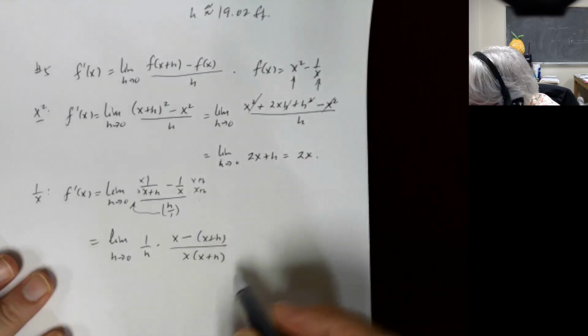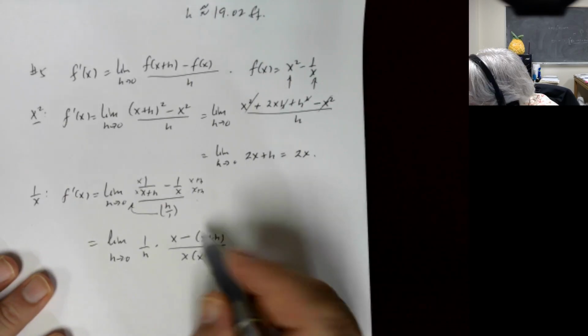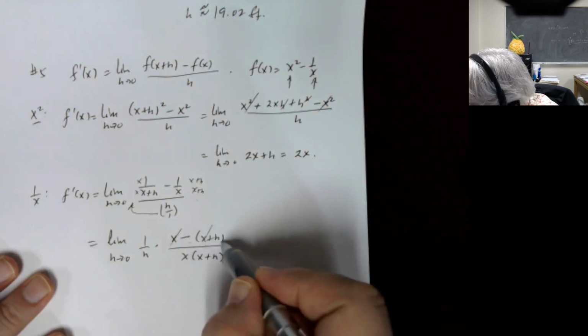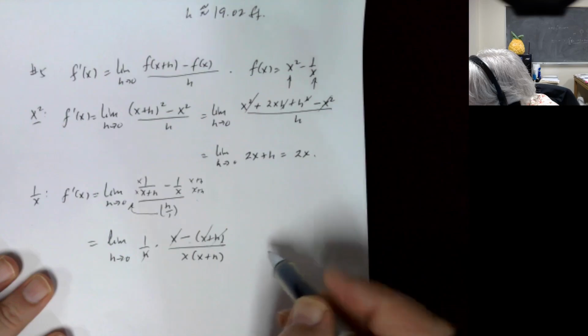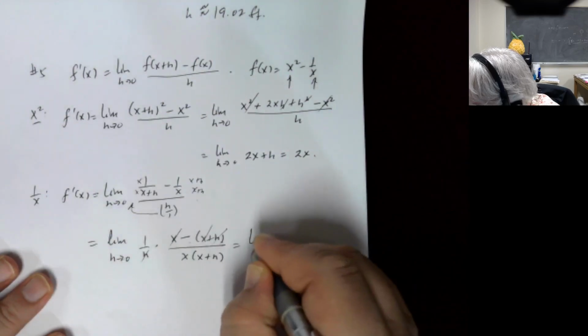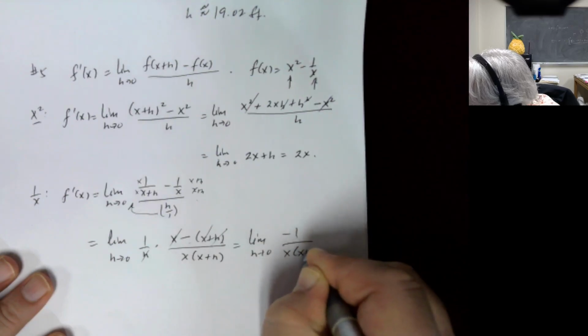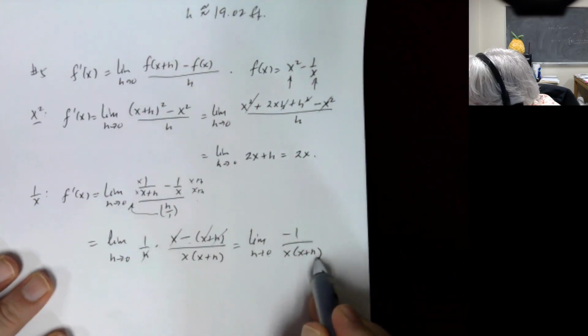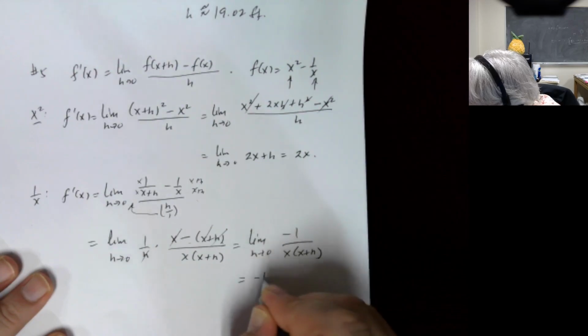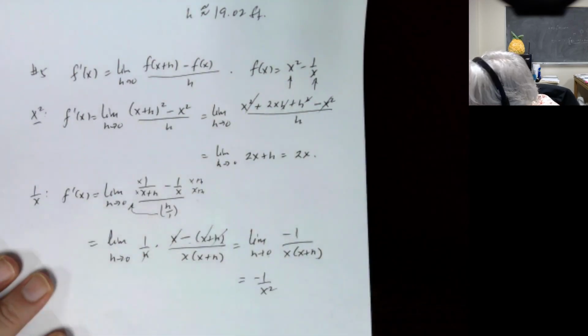Good. And so now on the top you can see that the x's are going to cancel, the minus h is going to cancel with that guy, and so you're just going to be left with the limit as h goes to 0 of minus 1 over x times x plus h. And now when you put in h equals 0 down here, you just get minus 1 over x squared. Good.